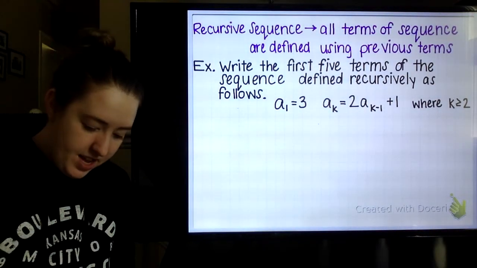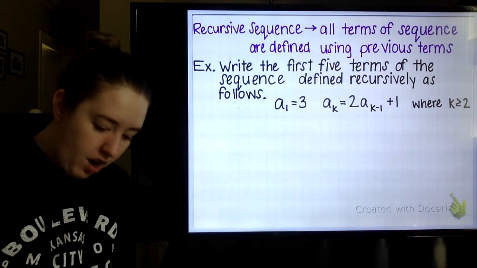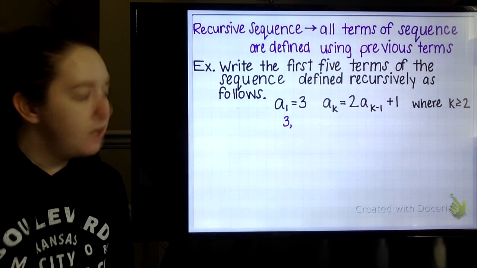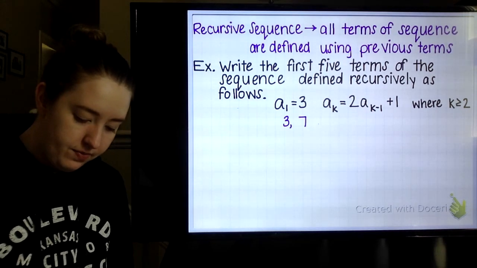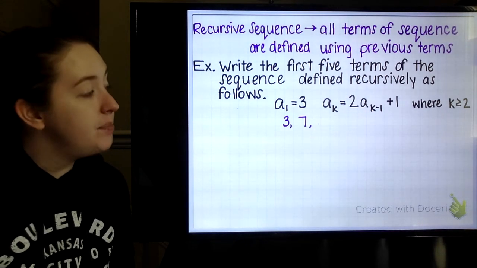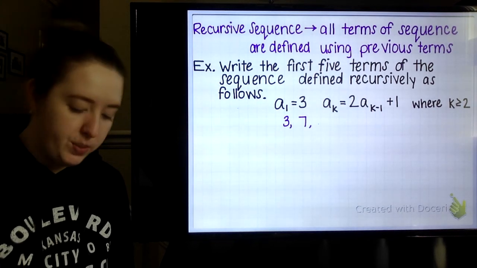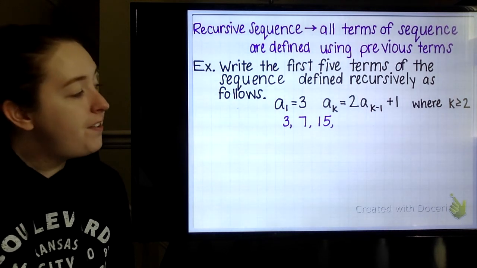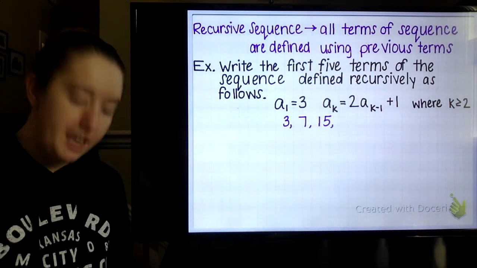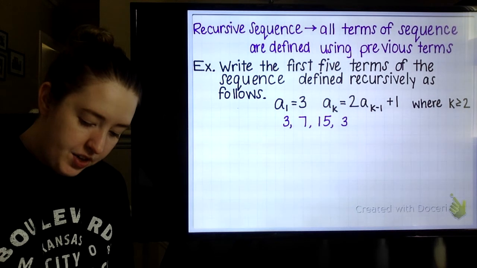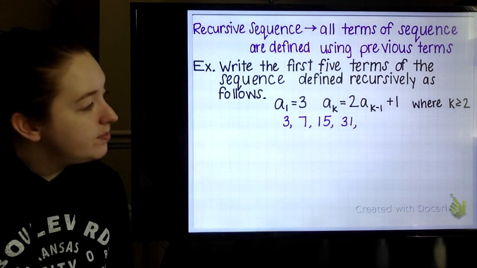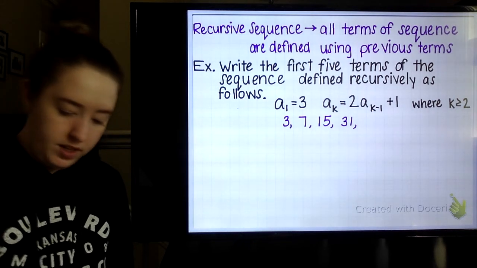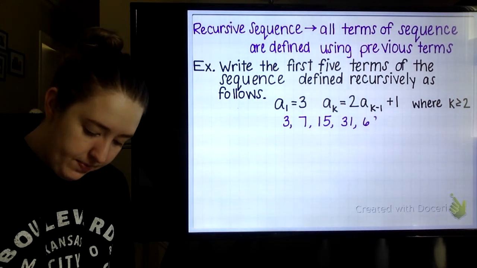So it told me that I'm supposed to start off with 3. 2 times 3 is 6, plus 1 is 7. 7 times 2 is 14, plus 1 is 15. 15 times 2 is 30, plus 1 is 31. 31 times 2 is 62, plus 1 is 63.